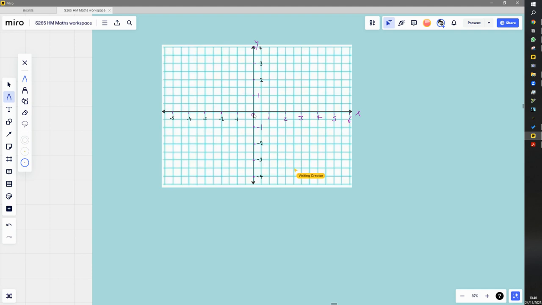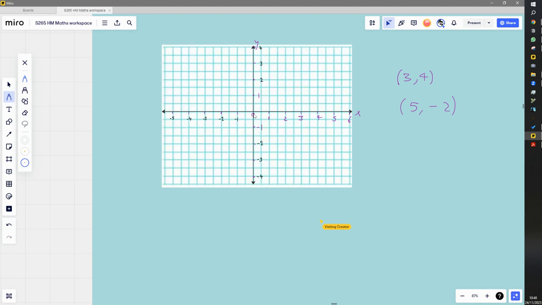So what I want you to do now, I'm just going to see if you can remember how to do this. I want you to do the following coordinates. We're going to go for 3, 4, and we'll do 5, minus 2. Hang on a second. Yeah, that works.